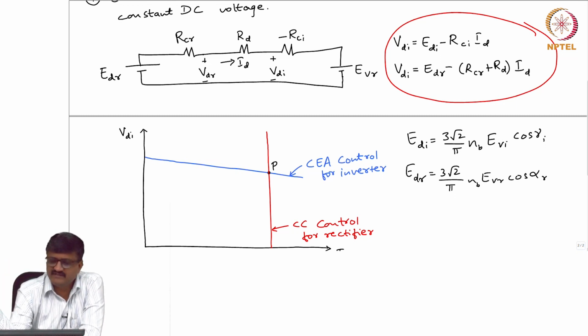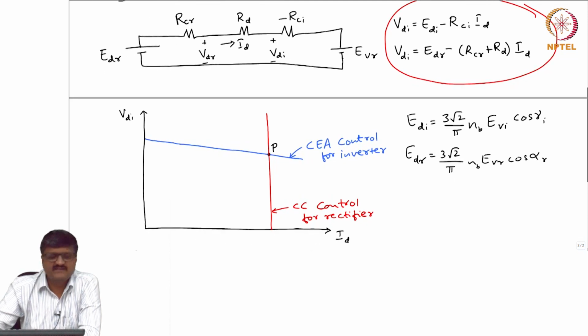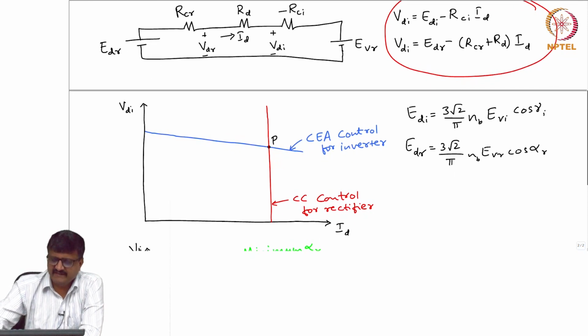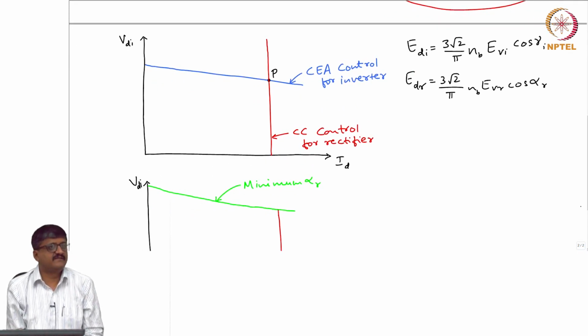So, if EDR is constant, then the variation of VDI with respect to ID follows a straight line. But what will be the slope? The slope is RCR plus RD. So, is the slope greater than the CA characteristic slope or less than that? See, the previous CA characteristic, what was the slope?